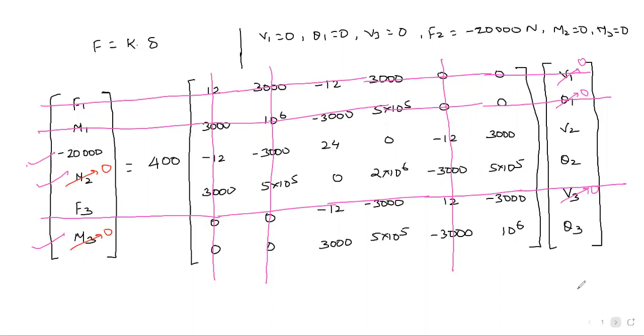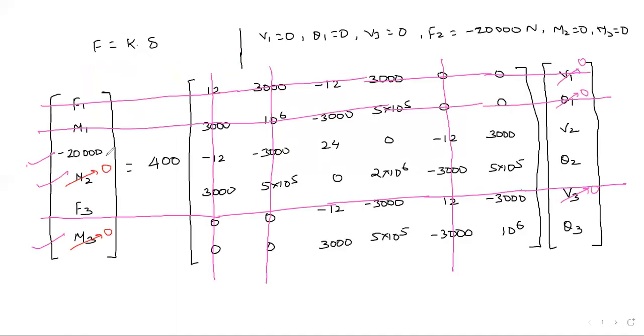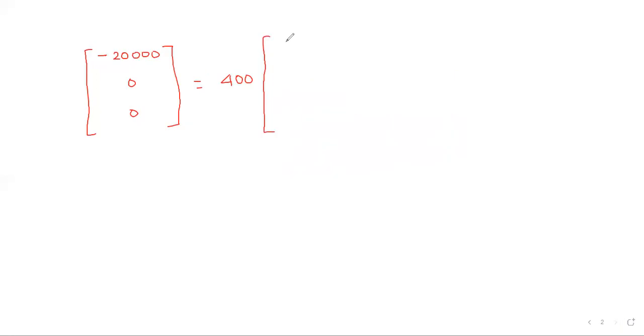So let us write minus 20,000, 0, 0. This is the force vector. Then 400 into the matrix: first row 24, 0, 3000.